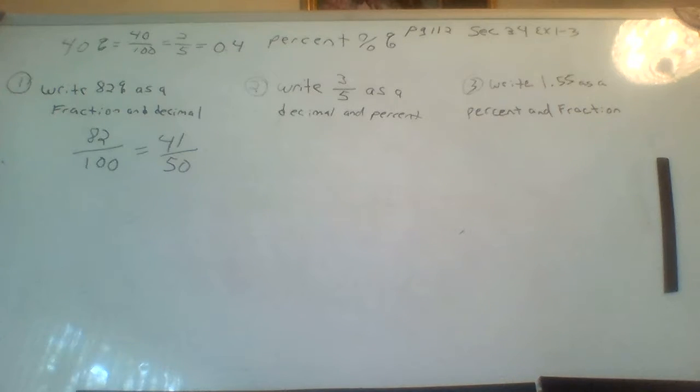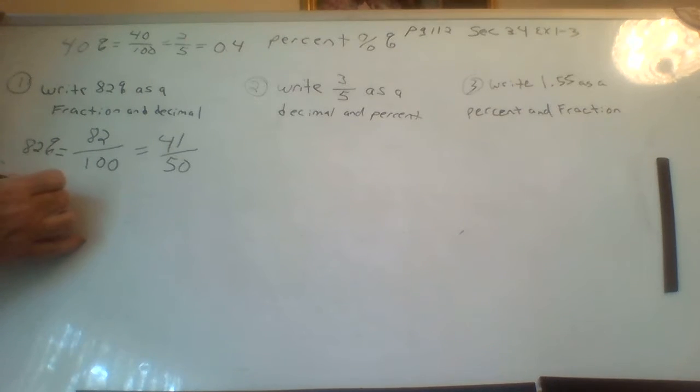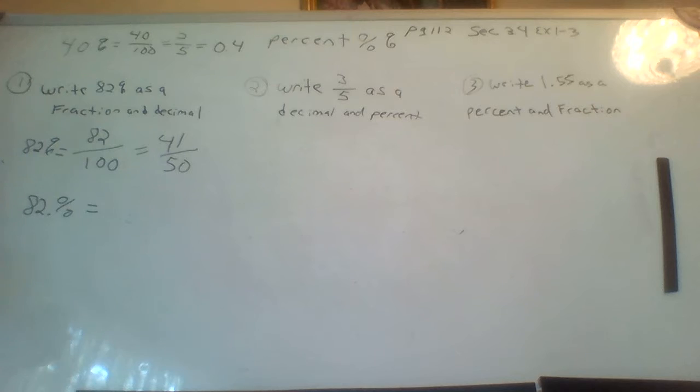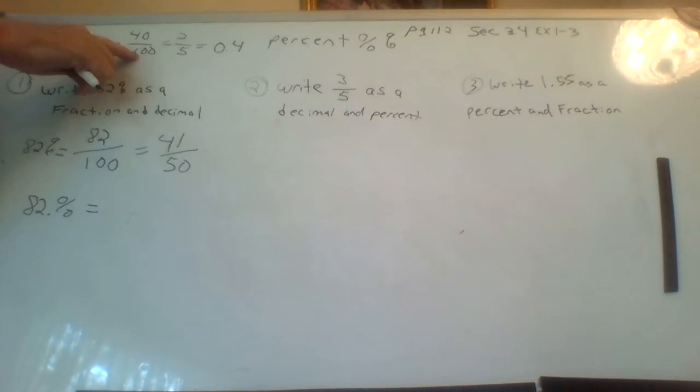But the other thing that you need to know, if you're converting, this is 82%. I'll write it over here so you kind of know what we're doing here. And 82%, to write that as a decimal, you drop the percent sign, and actually the decimal's right here if you want to be accurate about it. So anytime you're dropping a percent, what you're really doing is dividing by 100.